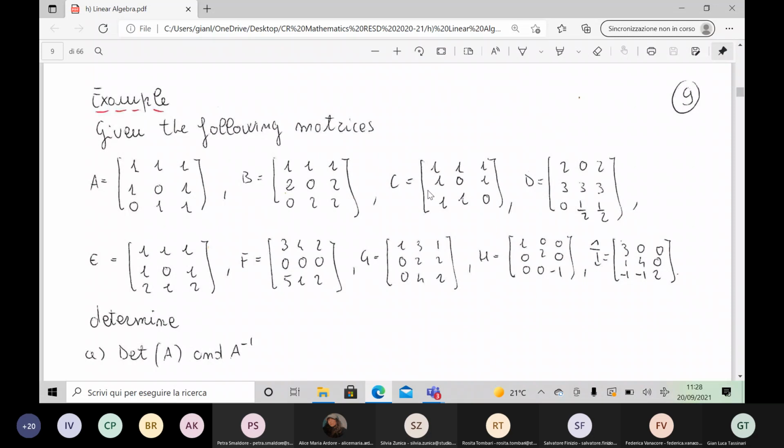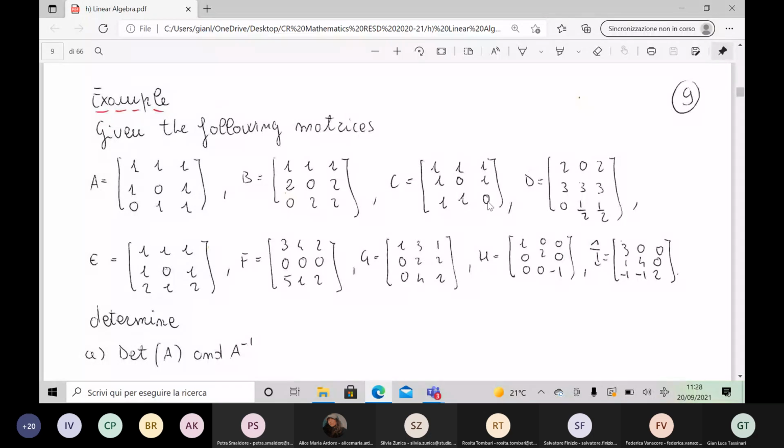Now the third column is here and the first one is here. Remember that I told you in a previous property that if you exchange two columns or two rows, then the determinant changes sign.